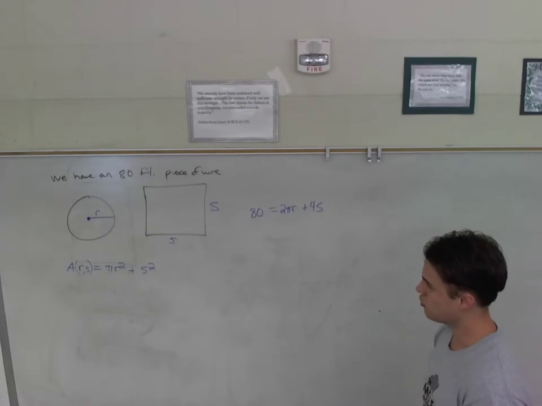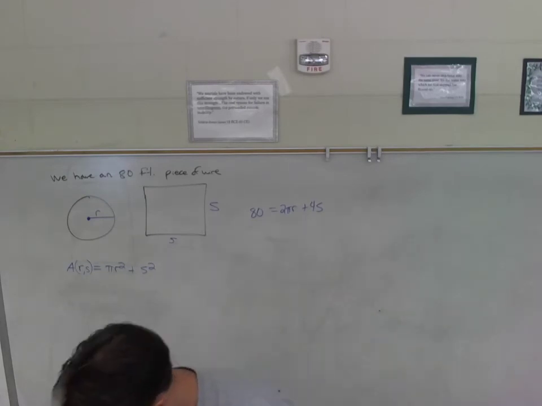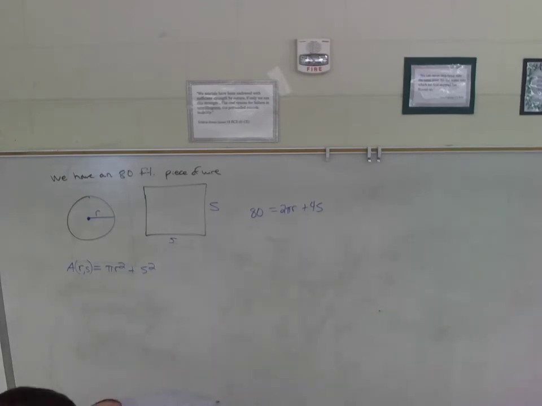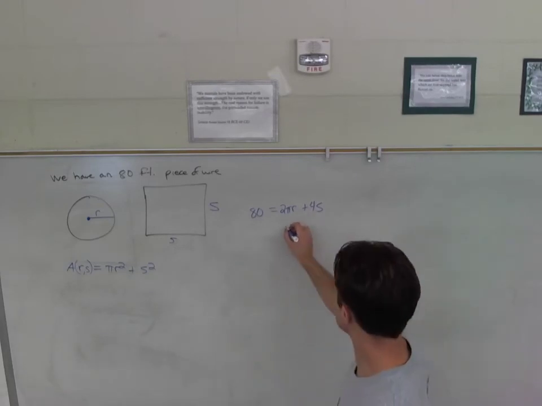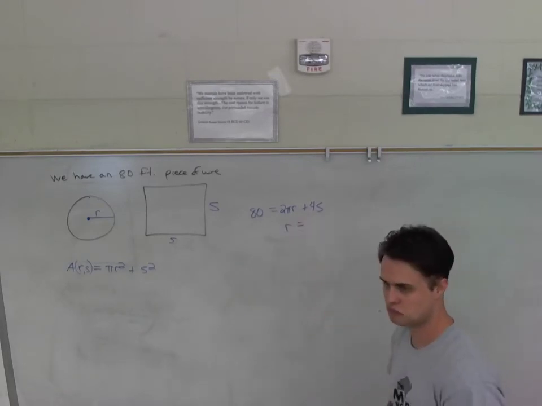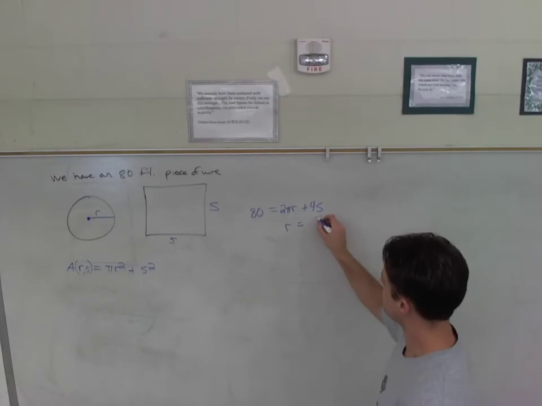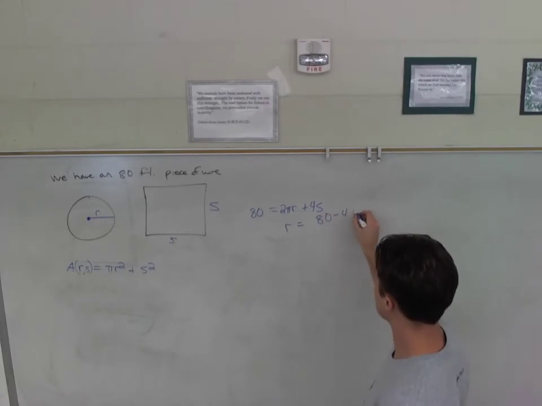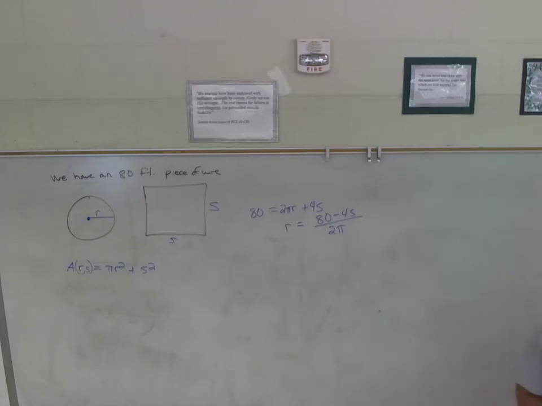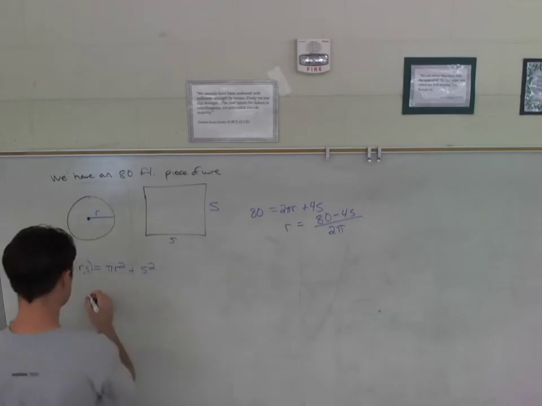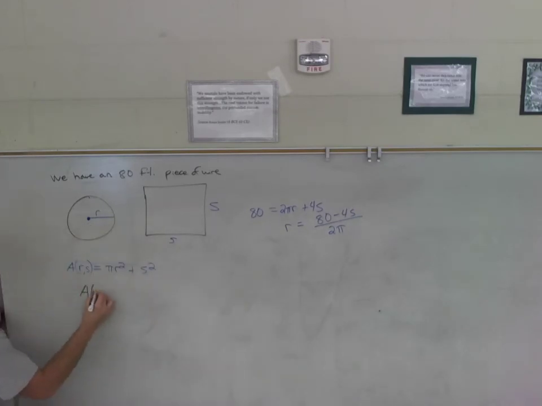So then we'll solve for one. I'm going to solve for r. So I'm going to go r equals 80 minus 4s over 2 pi. And then stick that in. So now we're just going to have A as a function of s. We've got pi r squared plus s squared.